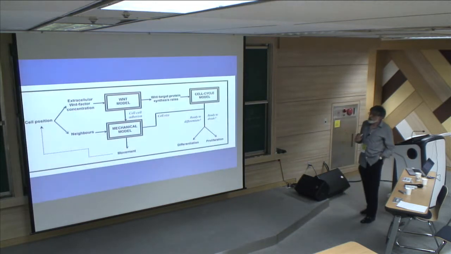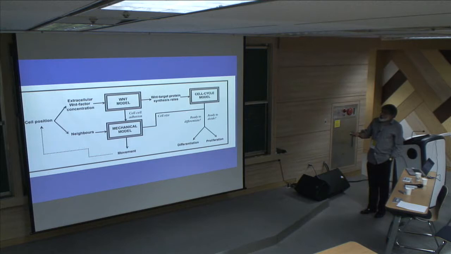Okay? And so what we can do with CHASTE is that we have a model for Wnt, and Wnt controls cell division in the cells.